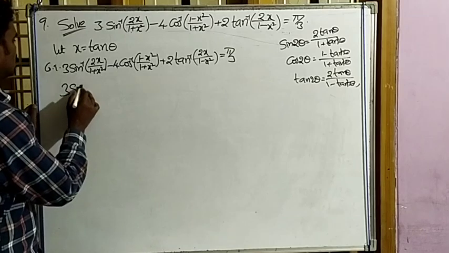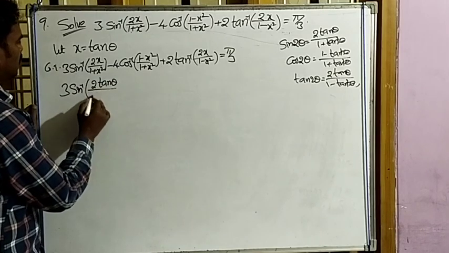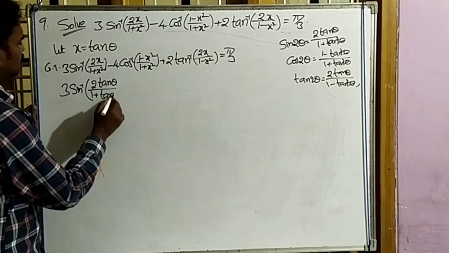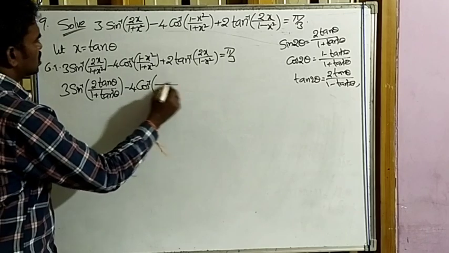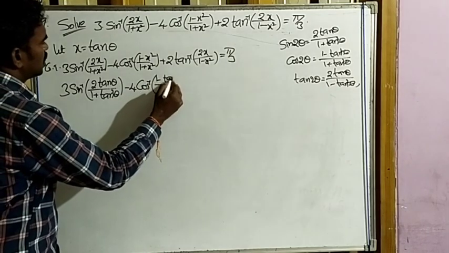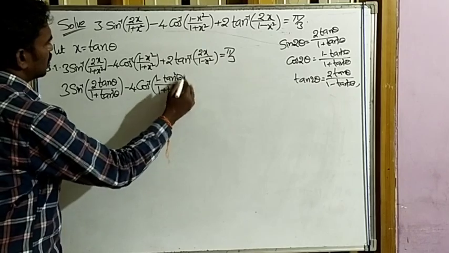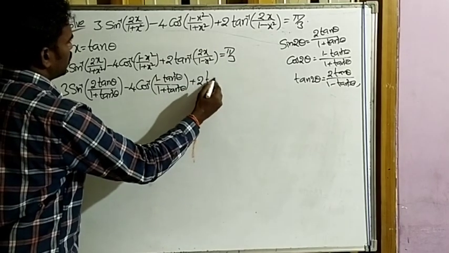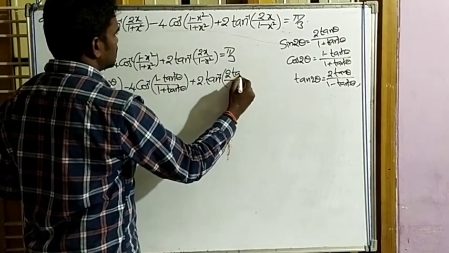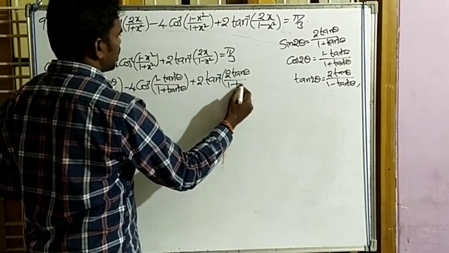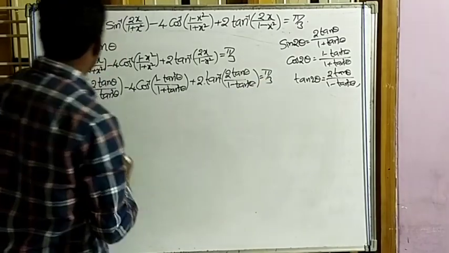So 3 sin inverse 2x by 1 plus x square means tan theta, 2 tan theta by 1 plus tan square theta, minus 4 cos inverse 1 minus x square by 1 plus x square means 1 minus tan square theta by 1 plus tan square theta, plus 2 tan inverse 2x by 1 minus x square means 2 tan theta by 1 minus tan square theta, is equal to pi by 3.